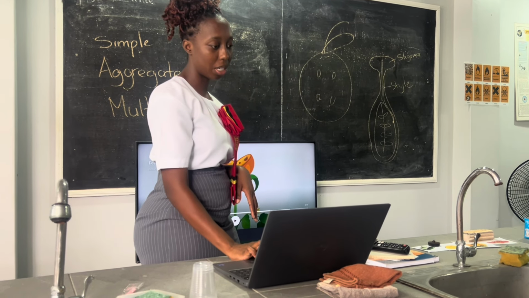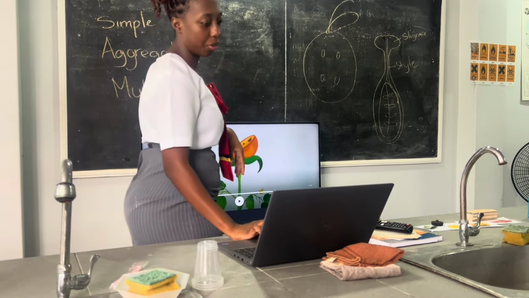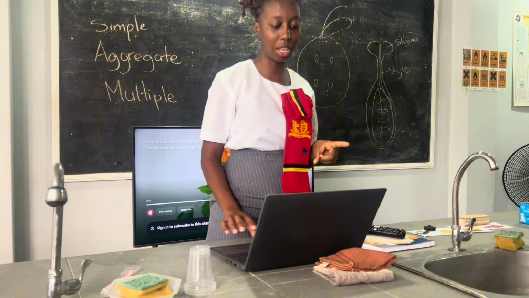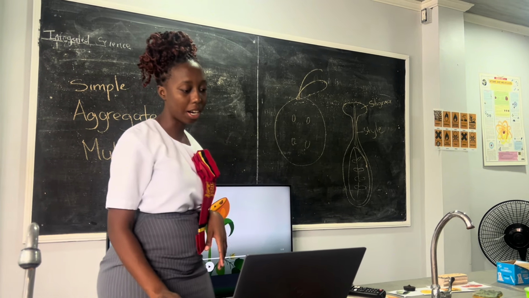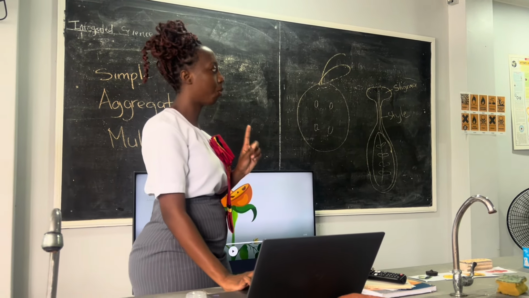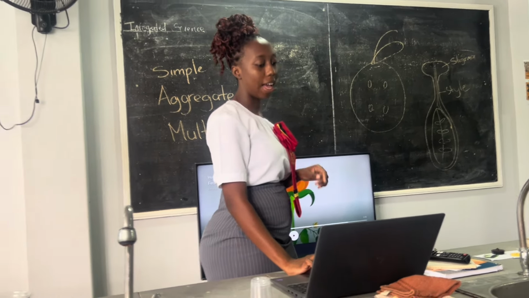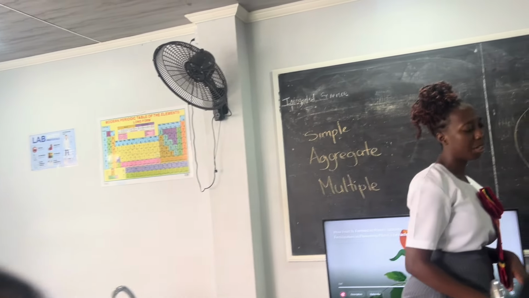So we have our simple fruit, aggregate fruit, and multiple fruit. Again, simple fruits develop from one ovary of a single flower. For the aggregate, it will develop from multiple ovaries of one flower. And for the multiple, it will develop from a cluster of flowers.